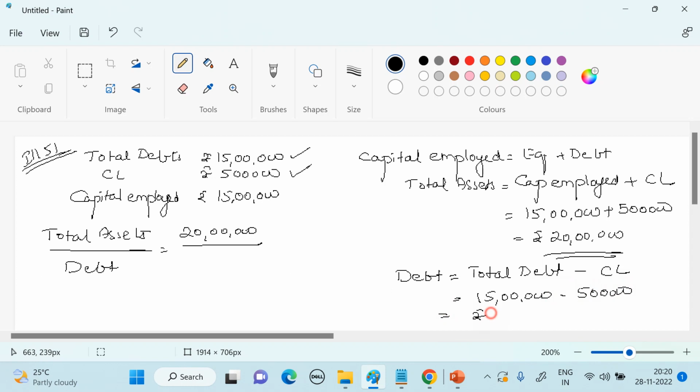So you get rupees 10 lakhs. So 10 lakhs is the debt. 2:1 is the ratio. Is that clear? Clear or not?